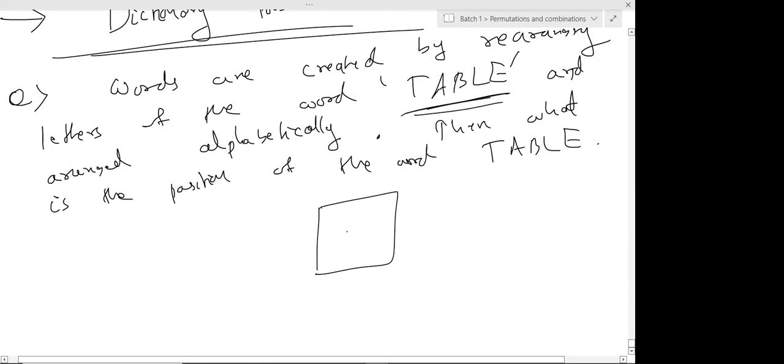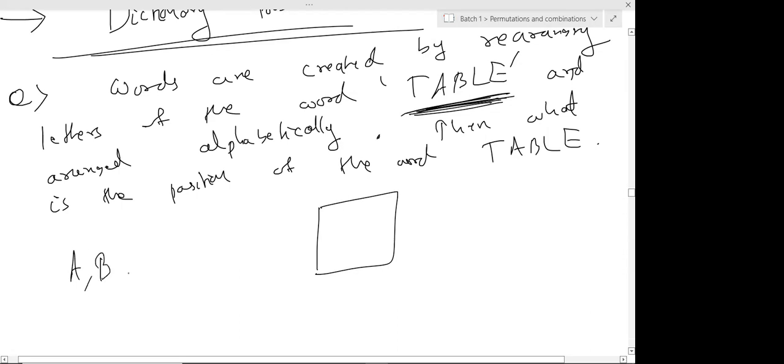So, Shavya, can you tell me what will be the first word of the dictionary here? A. First word. All right. We need all the letters. Words created by arranging all the letters. That means you cannot leave out any letter. The first letter is A, right?